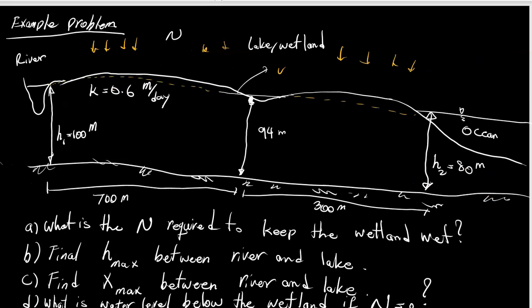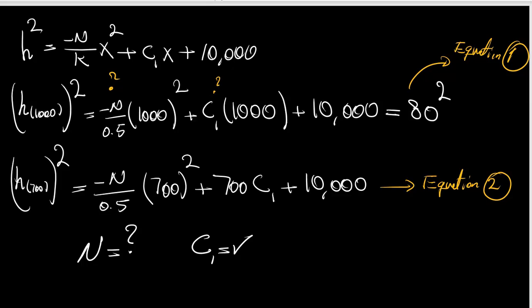So now I have that equation. To solve B, to find h max and x max between the river and the lake, now I have n, C1, C2. So technically I have the h squared function of x, whatever it is.